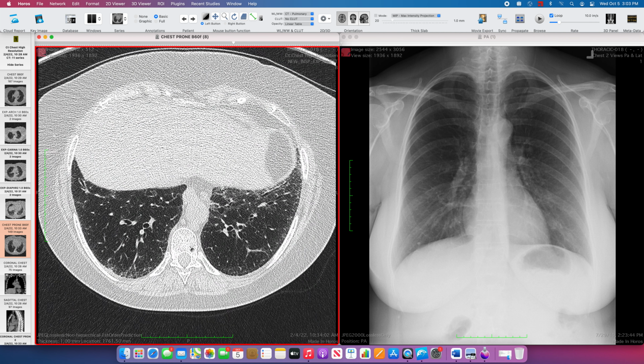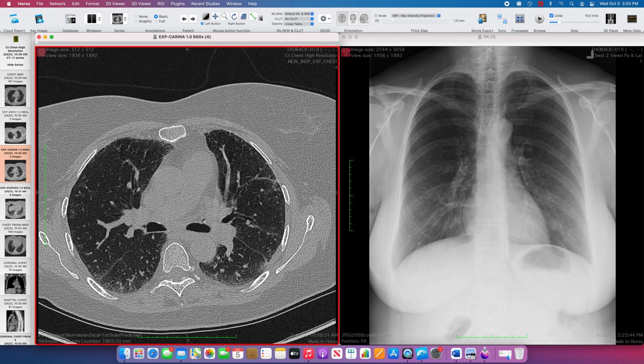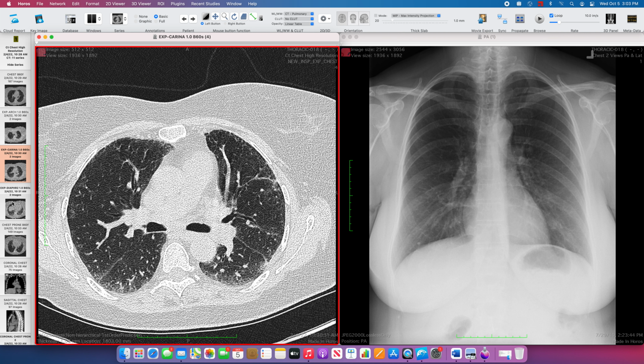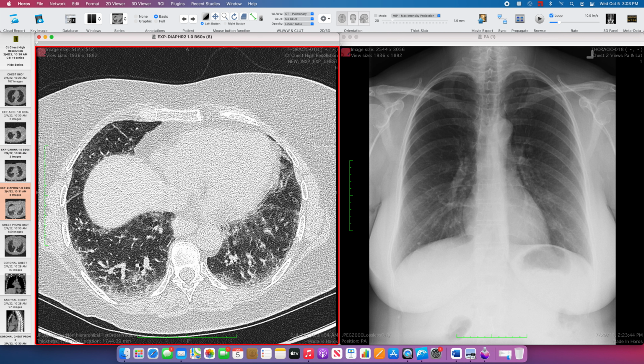And the fact that we still have this persistent reticulation and volume loss in the lung bases tells us that this is true fibrosis. And the final set of images that we acquire with this are expiratory images. So some diseases that cause pulmonary fibrosis also cause small airway obstruction, specifically hypersensitivity pneumonitis.